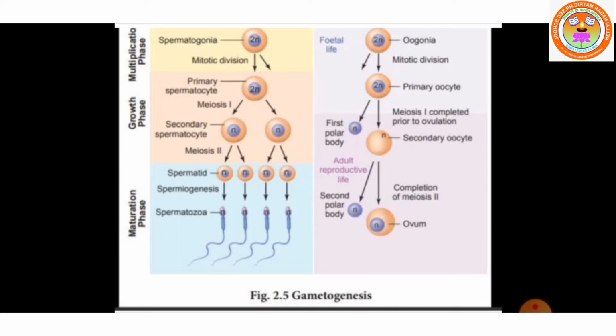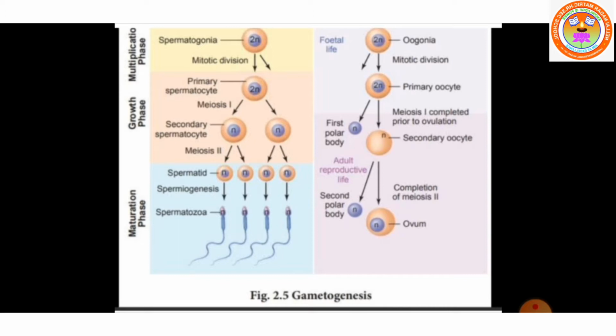What is spermatogenesis? Formation of sperm, that is male gamete, from the testis, primary male sex organ, is called spermatogenesis. So here spermatogonia or sperm mother cell undergoes mitotic division to form primary spermatocyte. Now the primary spermatocytes undergo meiosis 1 and form the secondary spermatocytes.